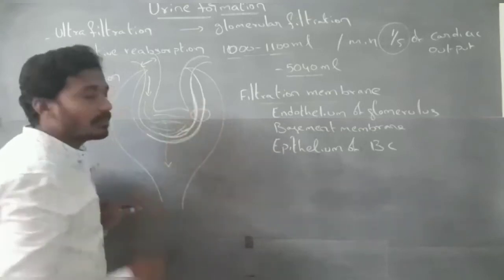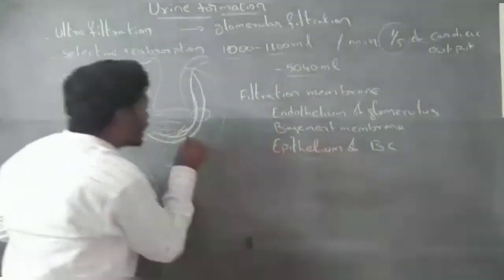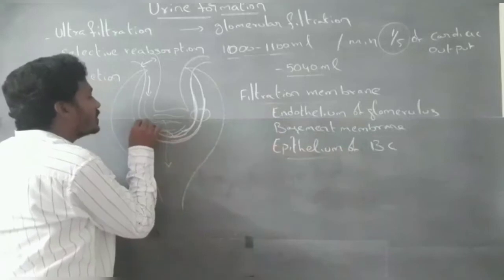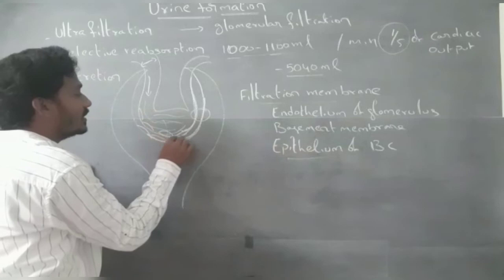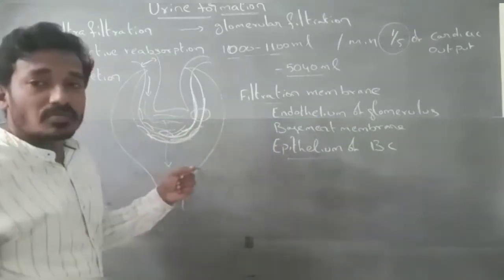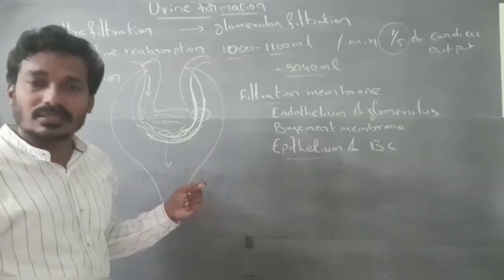This is the filtration membrane. The epithelium of Bowman's capsule contains podocyte cells. These are arranged in an intercalated manner and leave minute spaces, called filtration slits.